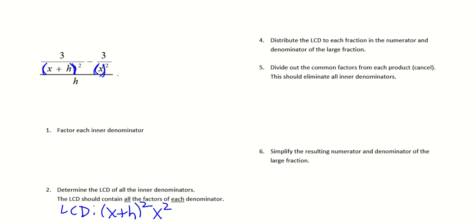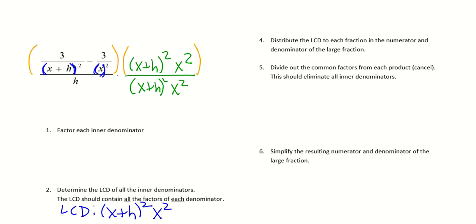And now we're going to multiply top and bottom by that LCD. So x plus h squared and x squared, top and bottom. Now we're going to distribute it across the top, over the subtraction, and then we're going to multiply the bottom by that as well.